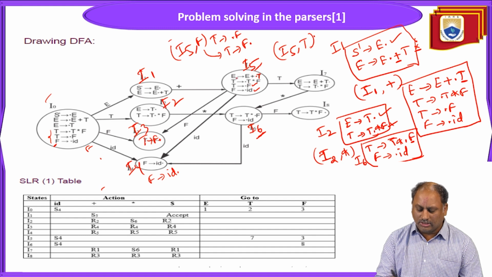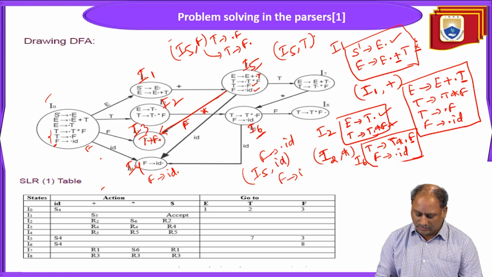So instead of writing a new state, we write a transition labelled F, so I5 on F reaches the state I3. Now the last one available is F derives dot ID, so here also we perform the closure of I5 comma ID.